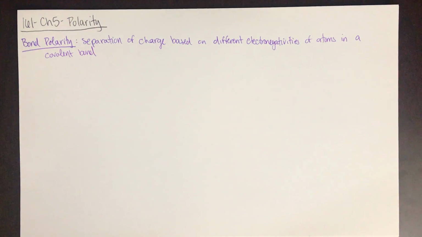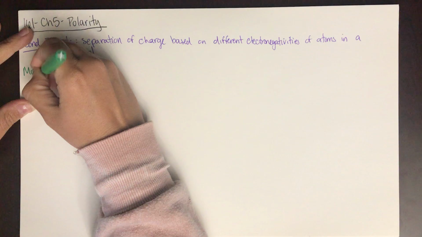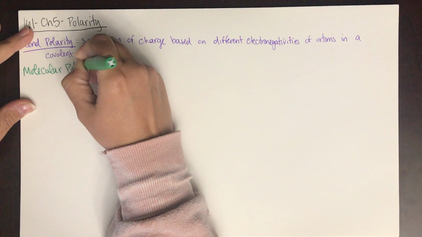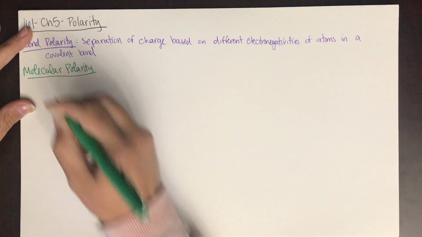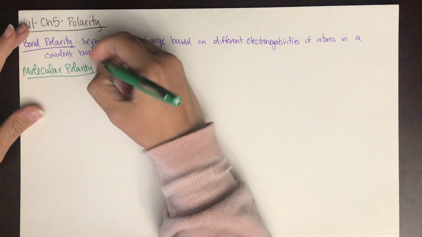So that's what we said in chapter 4 about polarities. So now we are talking about molecule polarity. So the molecular polarity has to do with the sum of all the polarities of the individual bonds, including the strength of the bonds and the orientations.